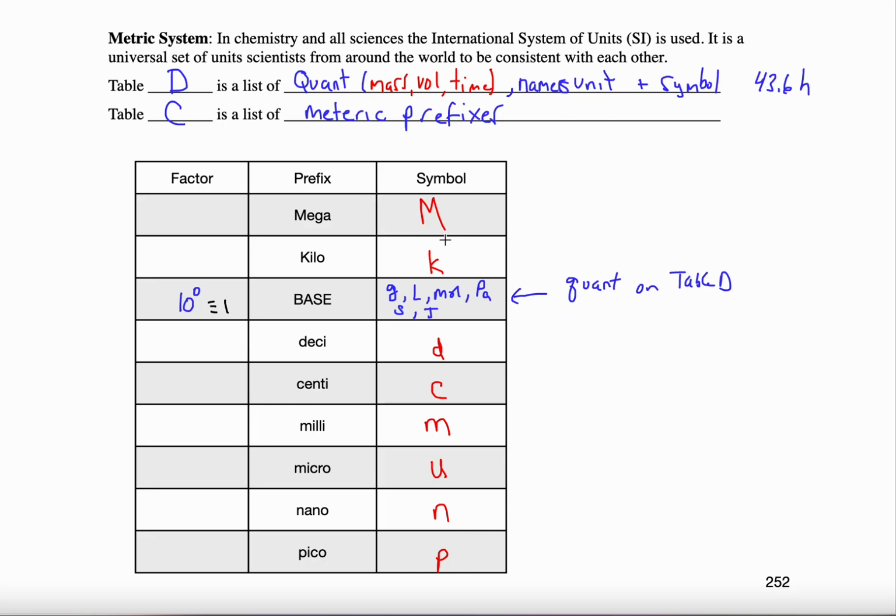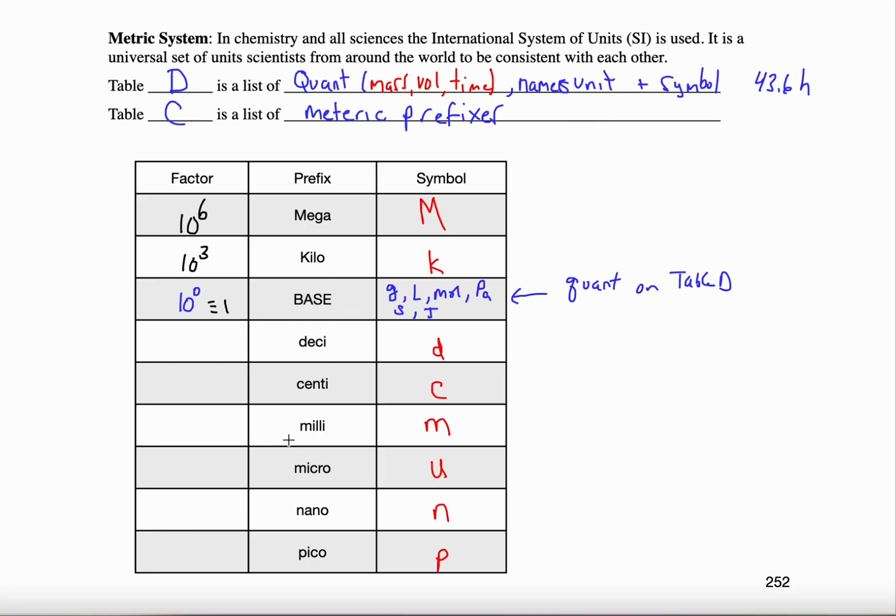But here is the part that often is overlooked or what people don't understand. What does that capital M symbol for mega really mean? Well, when we use mega, the factor, what mega means, is 10 raised to the 6th power. Kilo means 10 raised to the 3rd power.